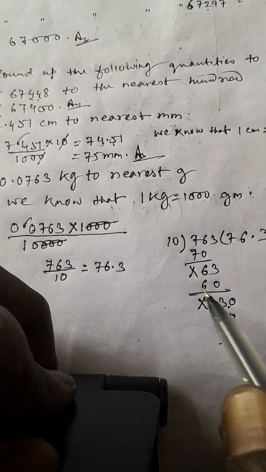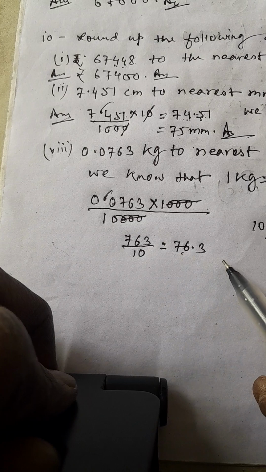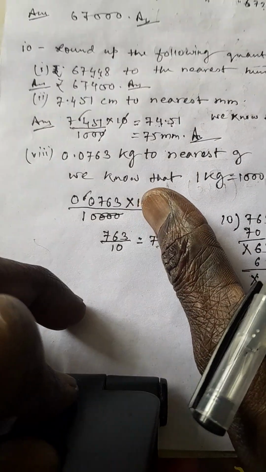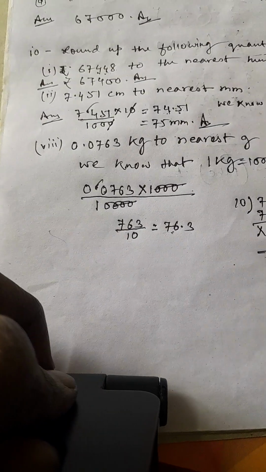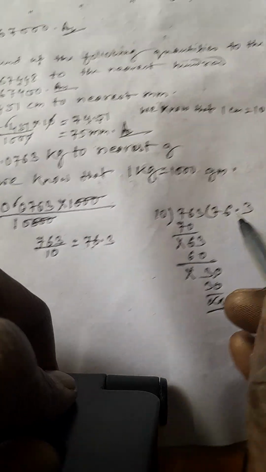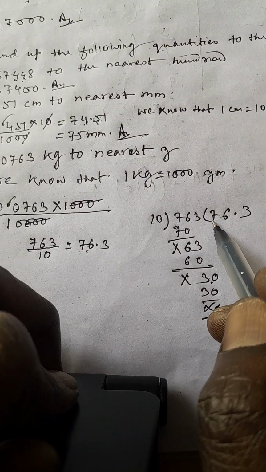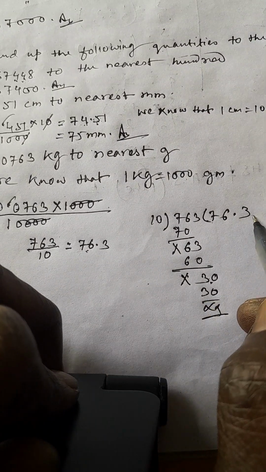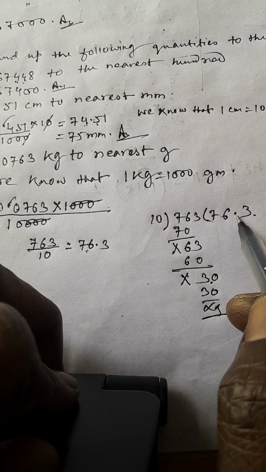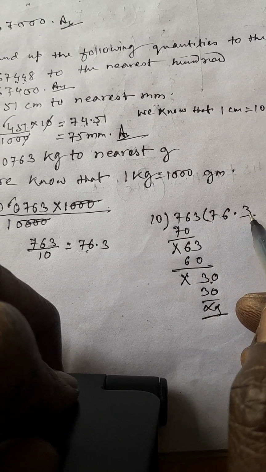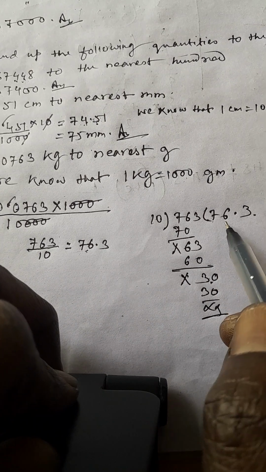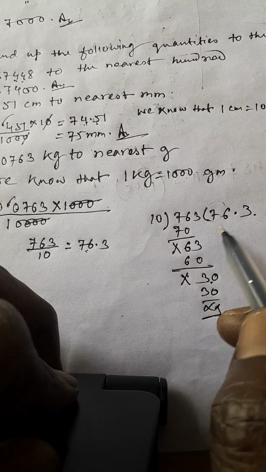So what value did you get? That is 76.3. So again we have to write the nearest value of this. I told you that if any number is less than 5, then we remove it and keep this number here.